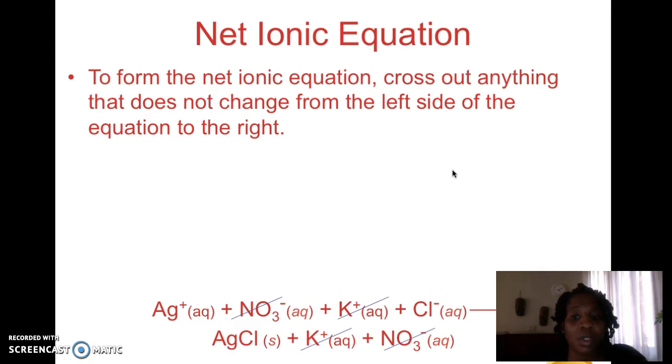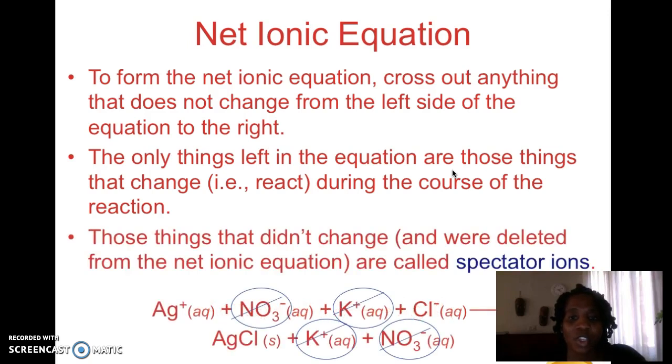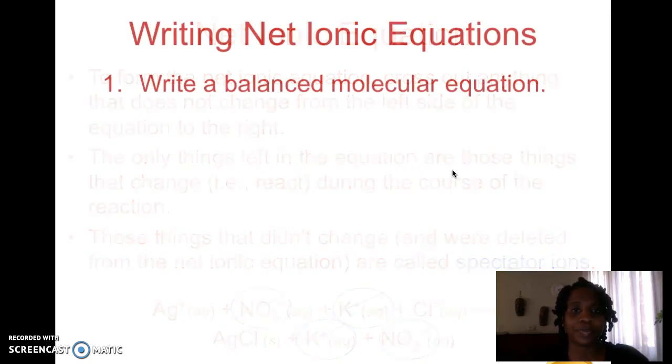So they've undergone no change, and then what's left is showing the change that occurred, and that is what we refer to as a net ionic equation. Okay? All those species that were removed are referred to as spectator ions, right? They're present in the solution and in the vessel, but they're not undergoing any change.